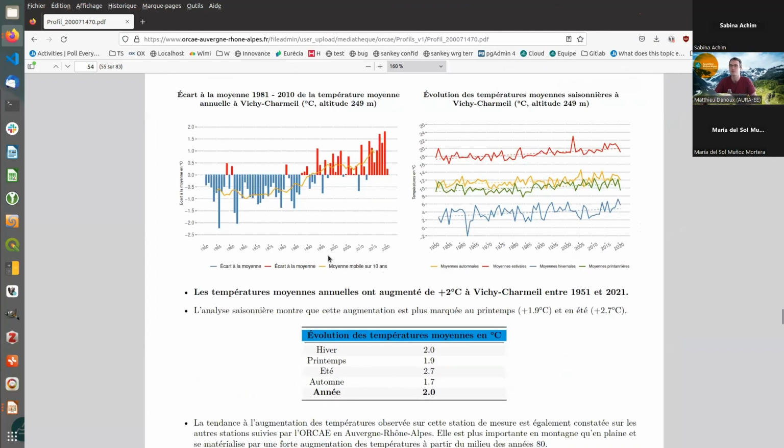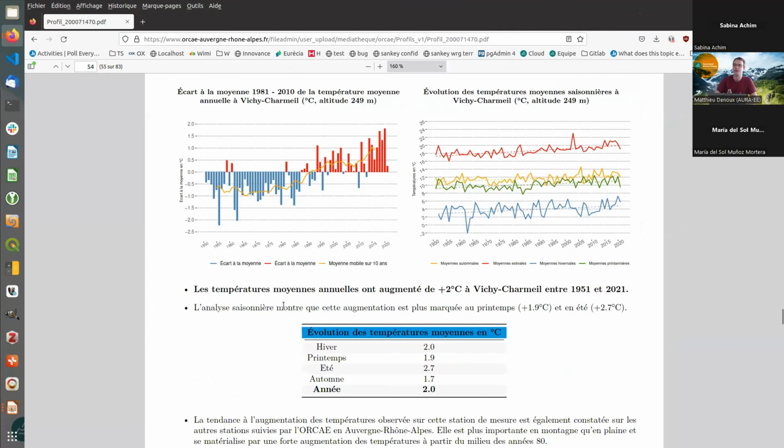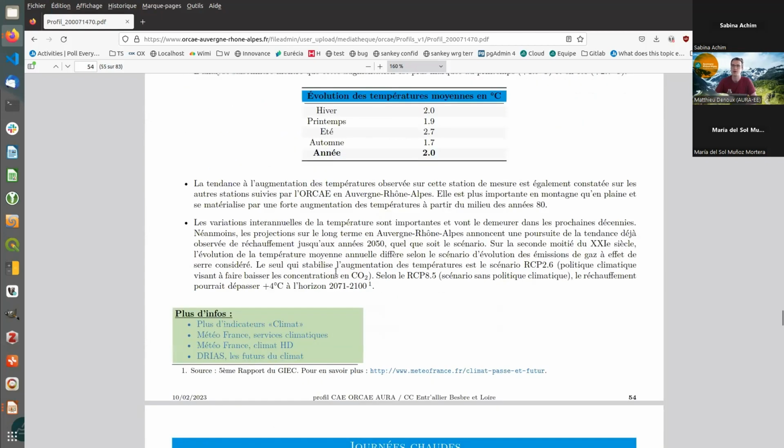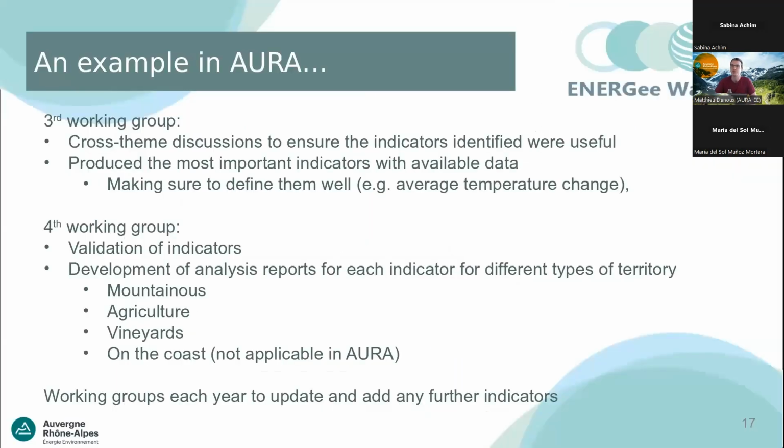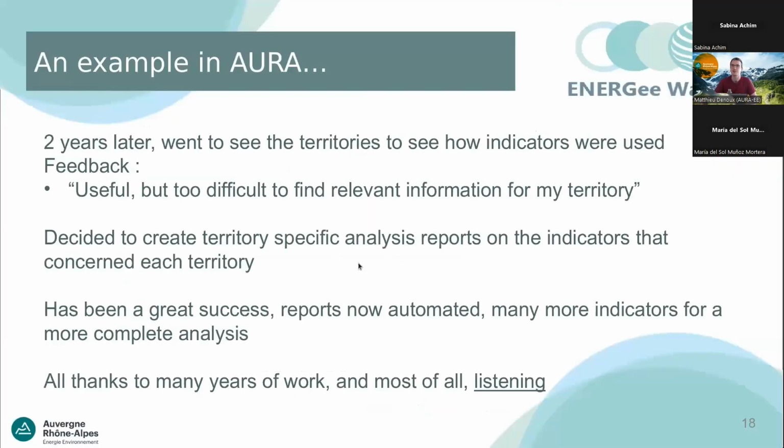And so the link is made between the precise situation of this territory I'm looking at and these climate evolution trends that are somewhere else. So yes, just so you have an illustration of what these projects led to.